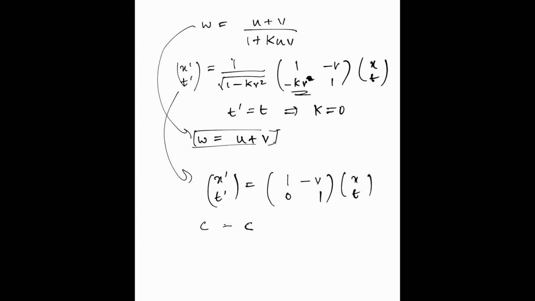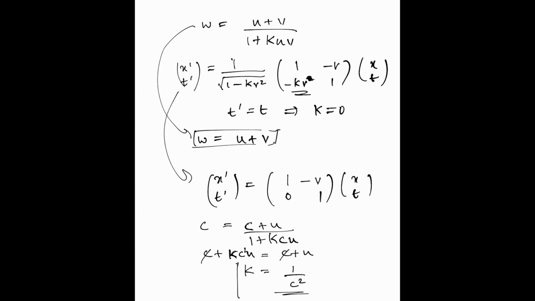So he's basically saying c equals (c plus u) by (1 plus k c u). All right, so I can solve for this by saying c plus k c u c square u equals c plus u. So k equals 1 by c square.